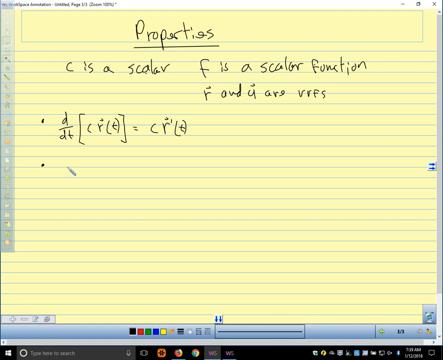And I just want to point out, often we think of our parameter t as time, but a parameter does not necessarily have to be time. It can be just some arbitrary parameter that we've parameterized our curve with. The derivative of a sum or difference is just the sum or difference of the derivatives.